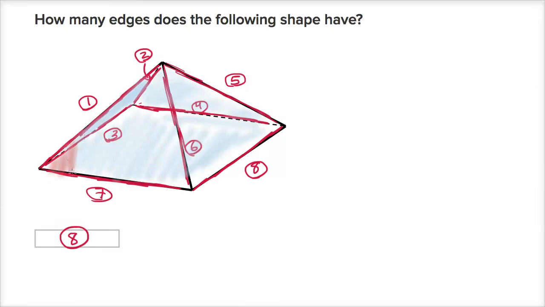You have this face that we're seeing through, and then we have that face that we're seeing through. So even though they're asking edges, just for practice, we figured out that this thing has 5 faces. 1 for the square base, and then 4 triangular faces for these sides to make this square pyramid. So it has 8 edges and 5 faces.